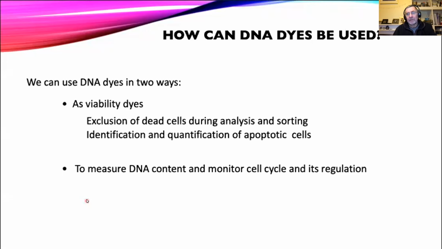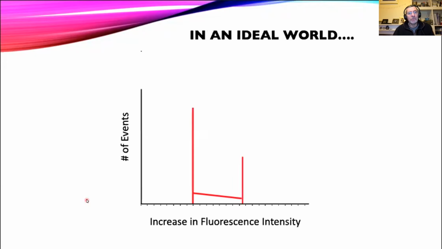Now, if you think back to that cartoon of the cell cycle that I showed you, what you might expect to see on the cytometer is something that looks like this sort of modified rugby goal or American football goal, whichever way you want to look at it. All my cells in G1 here have the same amount of DNA. They're all diploid. So in theory, they should all take up the same amount of DNA binding dye.